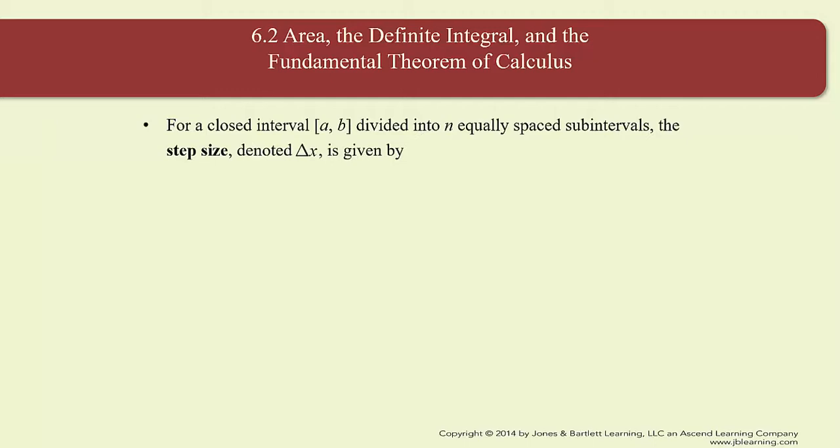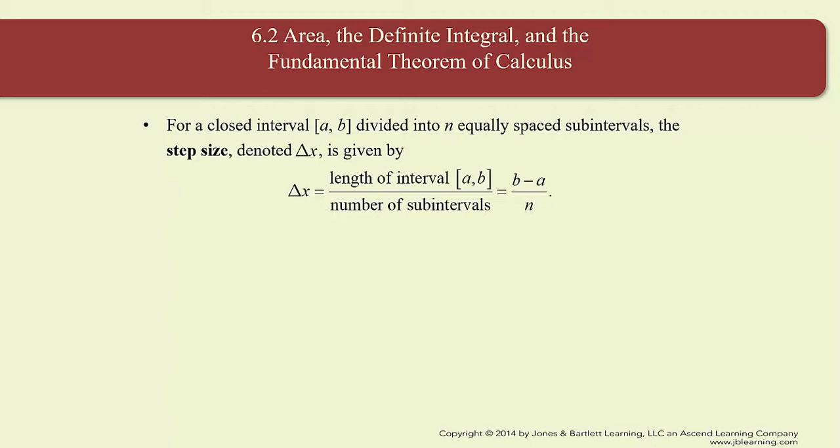So for any closed interval AB, when we divide it into n equally spaced subintervals, the step size, which is denoted delta x, is given by the length of the interval AB divided by the number of subintervals. So if the interval AB is, say, A is 1 and B is 9, so we're looking at going from 1 to 9.